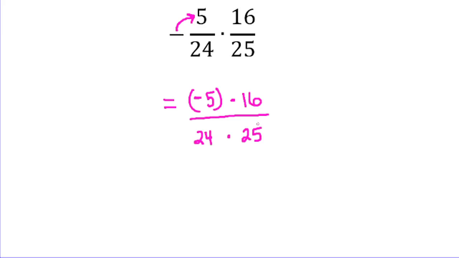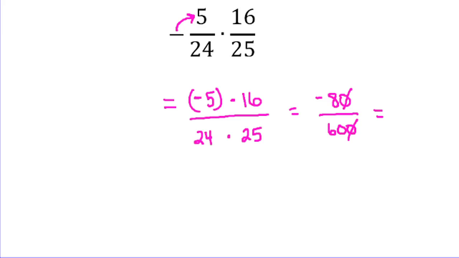One thing I can do here is just multiply. -5 times 16 is -80, and 24 times 25, well, that's big. 25 times 25 is 625, so I think that's 600.